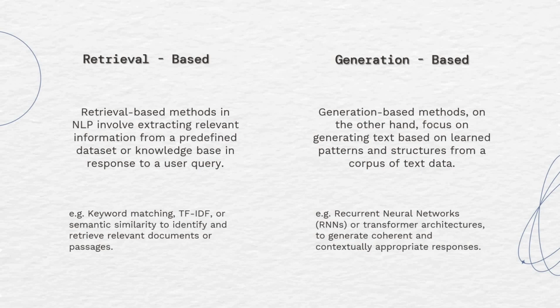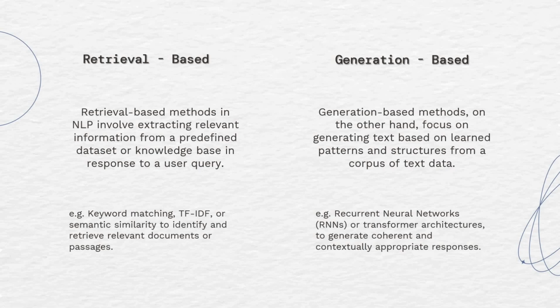So we see that in a way these two methods are complementing each other, right? Retrieval based methods are very factually correct almost always, more so than generation based, whereas the generation based methods are contextually more appropriate as compared to retrieval based.